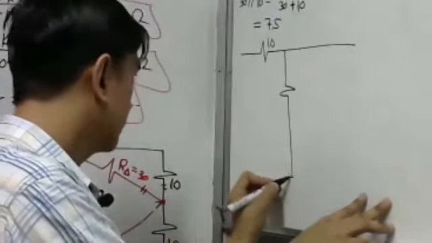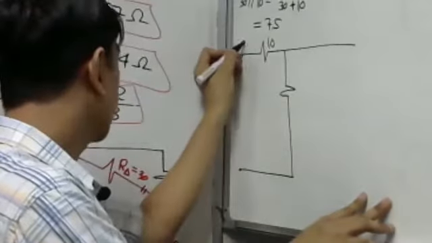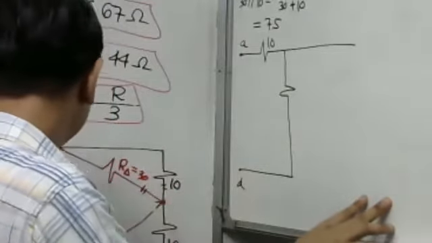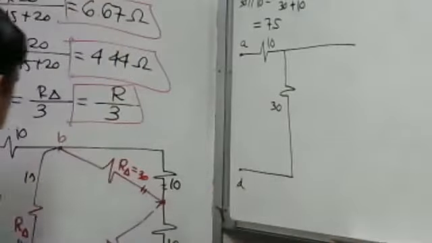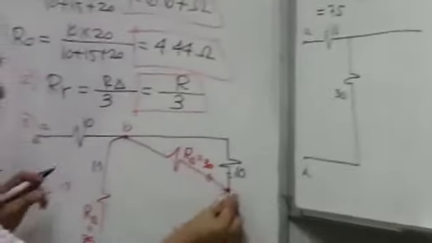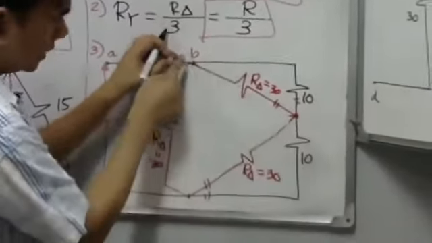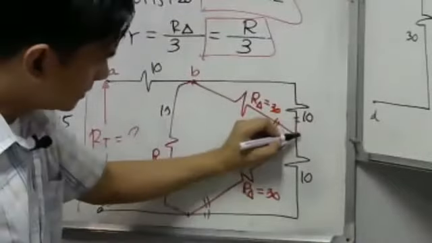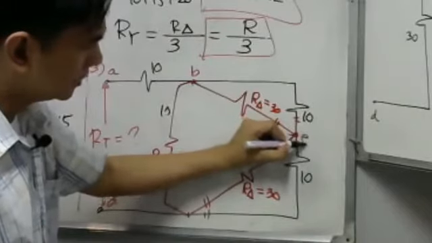Of course, we have our two points, A and D. So, this is 10 and this is 30. Take a look here, guys. We have a common node here. This is actually point B. I will make this as point E.